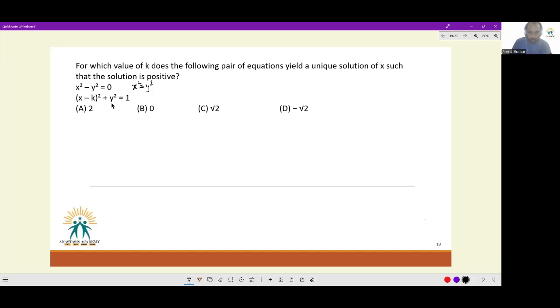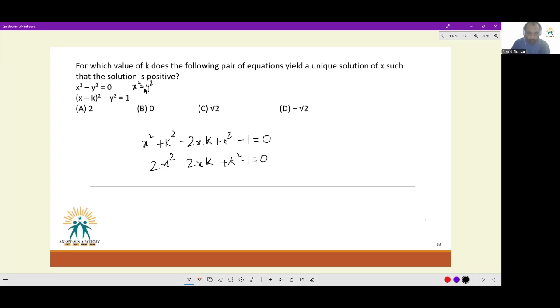We replace that in the bottom. We get x square plus k square minus 2xk plus x square minus 1 is equal to 0. Reframe this. This will turn to 2x square minus 2xk plus k square minus 1 is equal to 0.